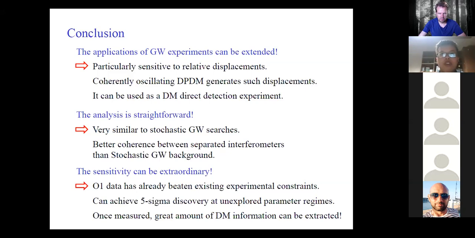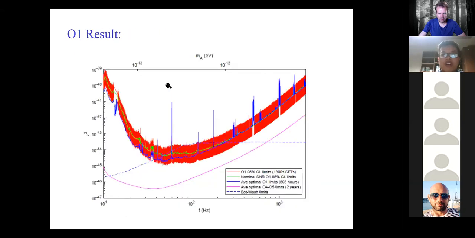For this sensitivity curve, we are assuming the polarization vector of the dark photon background field is isotropically distributed. Okay, thank you. You're welcome.